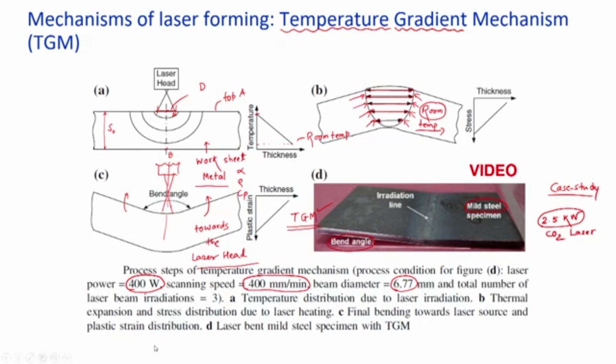So, here this D was 6.77 mm, and we irradiated the work part thrice. For 3 number of times we have irradiated it. So, when we apply the heat energy 3 times, we got a considerable bend angle of about 5 degrees. Now, let us look at the actual deformation by watching a video.